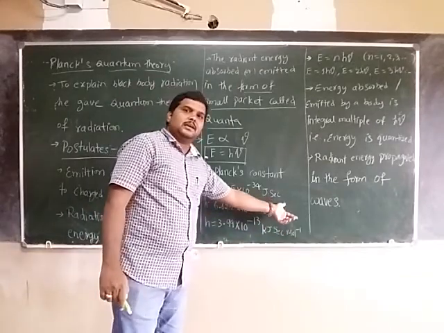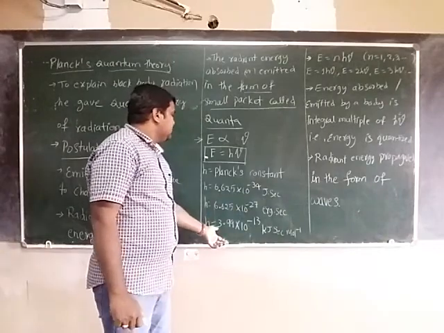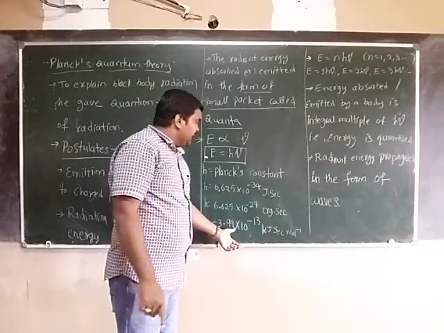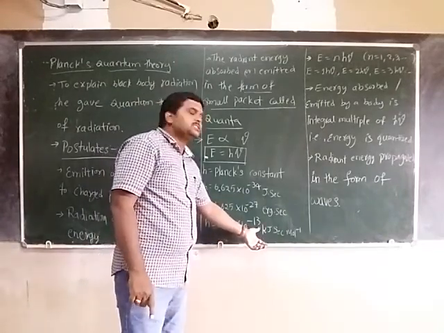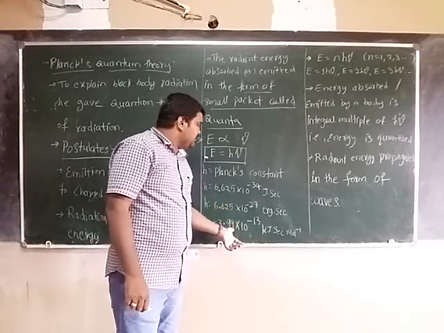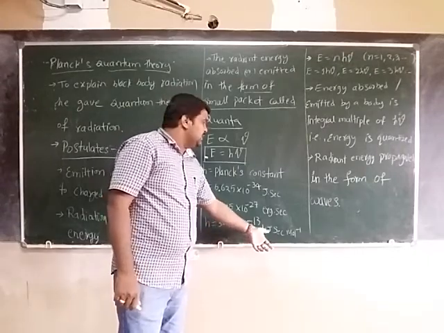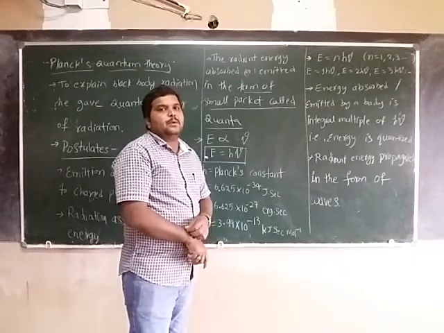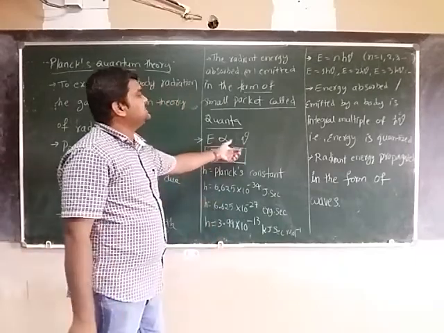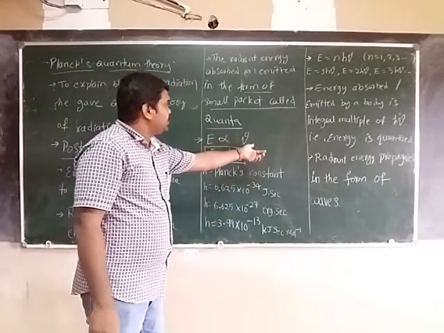Joule second is the SI unit. Also h is 3.99 into 10 to the power of minus 13, or nearly 4 into 10 to the power of minus 13 kilojoule second per mole.